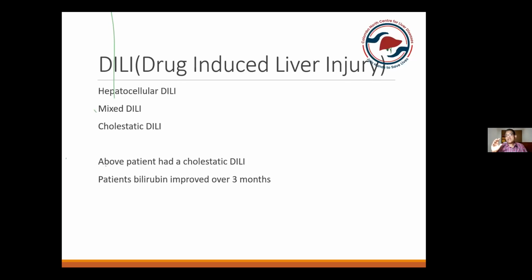Thyrotoxicosis can give rise to changes in the liver enzymes, transaminases, and maybe alkaline phosphatase and gamma GT, but it will never give rise to this much cholestasis. This patient is really jaundiced. Bilirubin is 8 milligram per cent.